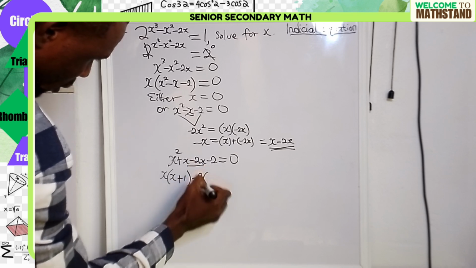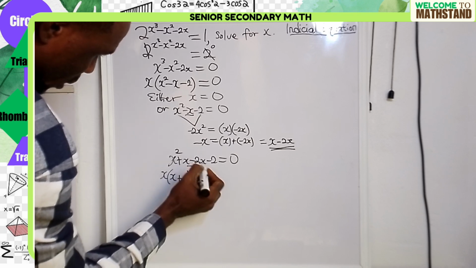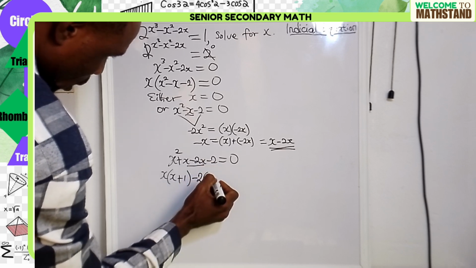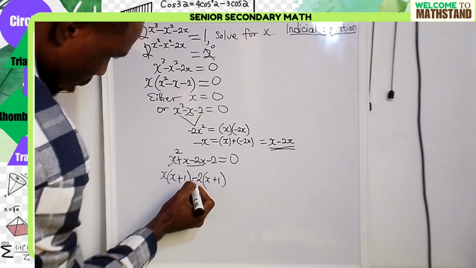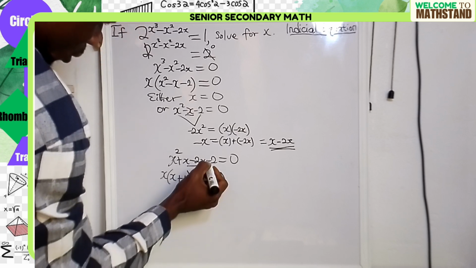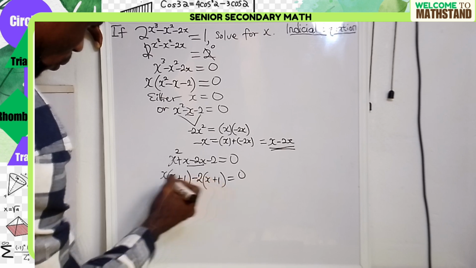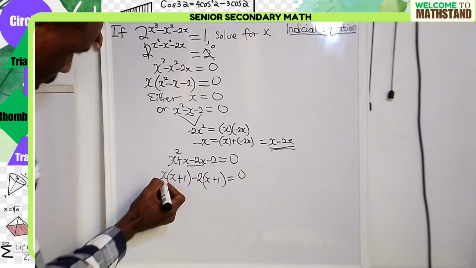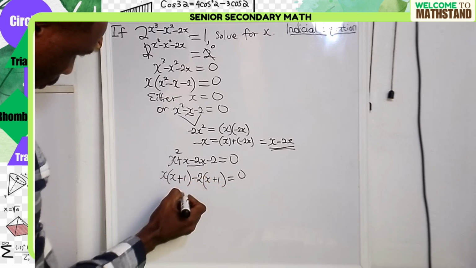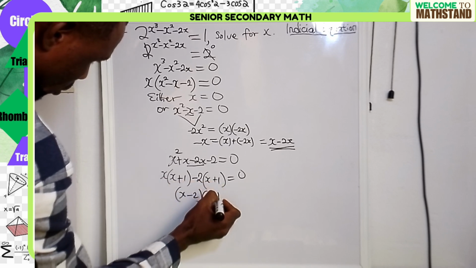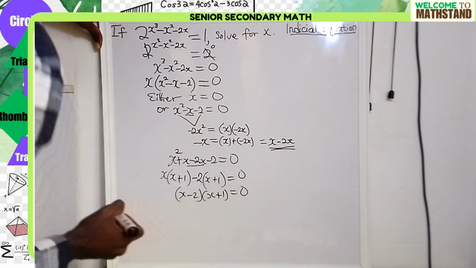So if I bring out minus 2 here, I'll have x here. If I bring out minus 2 here, I'll have plus 1. Remember, minus 2 times plus 1 will give us minus 2. So from here, what do we have? We take this and take this: x minus 2, and then x plus 1 equals 0.